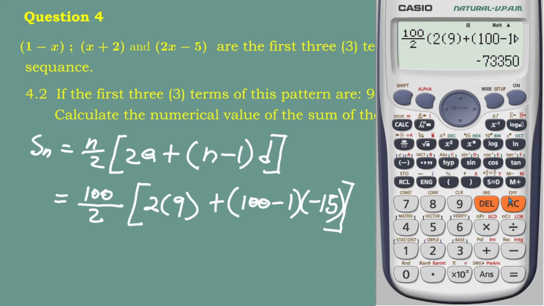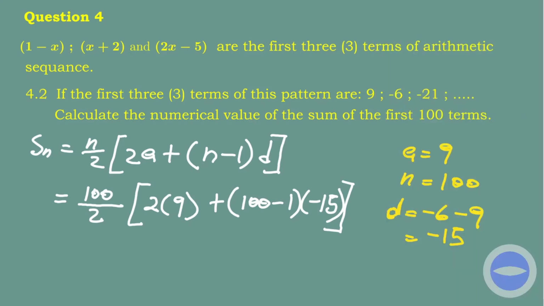Then the answer is negative 73,350. So Sn is negative 73,350. So this is the sum of the 100 terms.